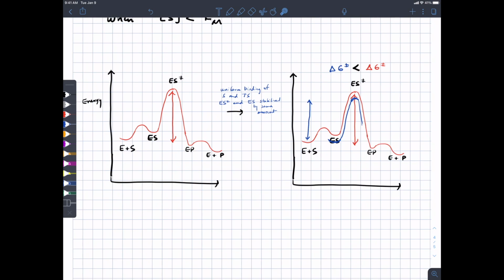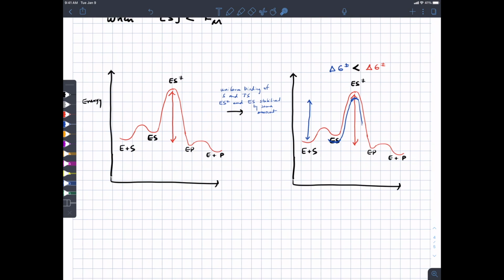So when the substrate concentration is less than Km, you can enhance catalysis by improving binding overall, uniformly, to a point. And what is that point? Well, if you get to the point where the enzyme substrate complex is equal in energy to the starting material, you get past that, and then you're in the situation that we had up above.